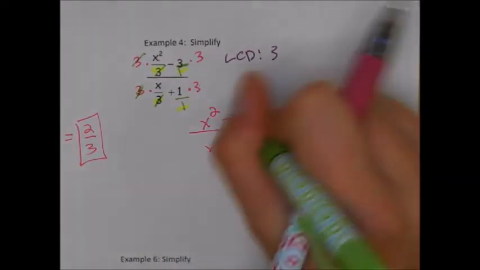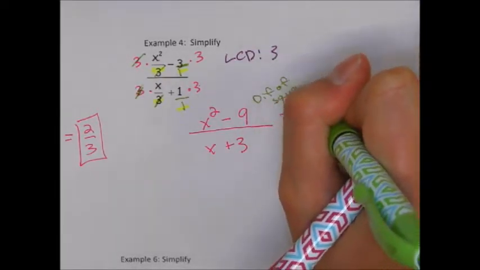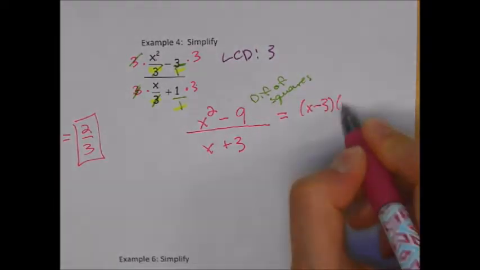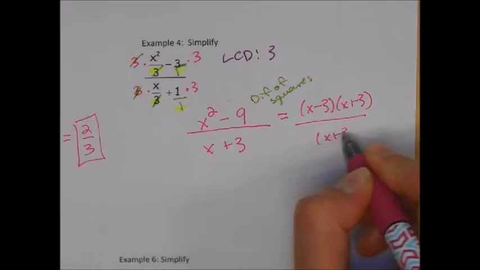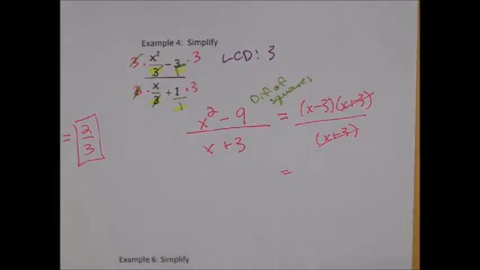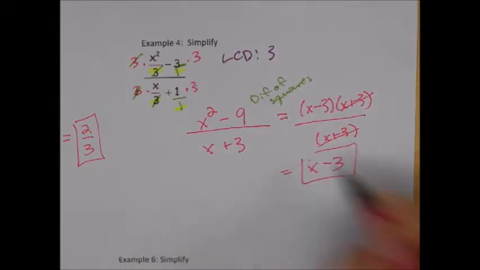I notice that the top here is a difference of squares. So I can factor x minus 3, x plus 3. And then my x plus 3's divide out. And so my answer is x minus 3.